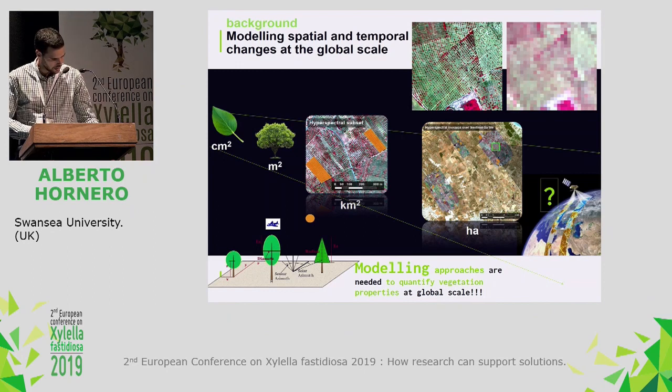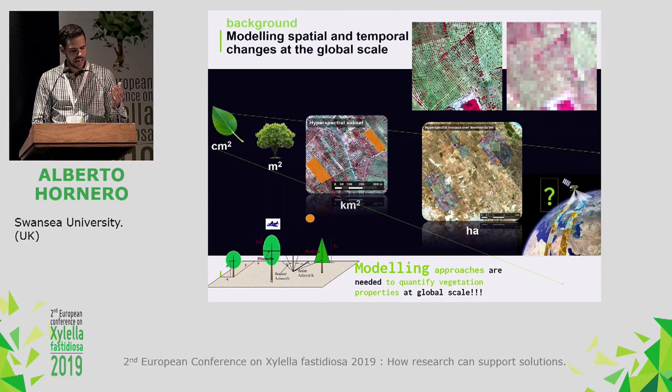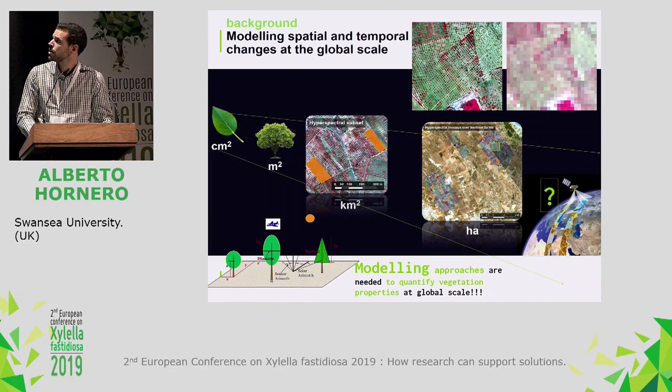This is a great example of a Sentinel-2 scene versus hyperspectral images over the olive orchards. As we can see, working with satellite imagery, we have lower spatial resolution. So the spectral information of the different components are aggregated in pixels.